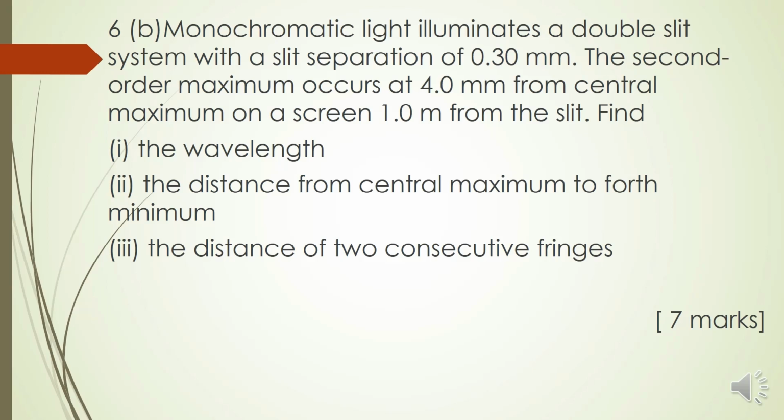Jadi m equal to 2. Okay, maximum maksudnya merujuk kepada bright fringe occur at 4 millimeter from the central maximum on the screen 1 meter from the slit. Jadi 4 millimeter ni adalah Ym. Dan D adalah 1 meter from the slit.